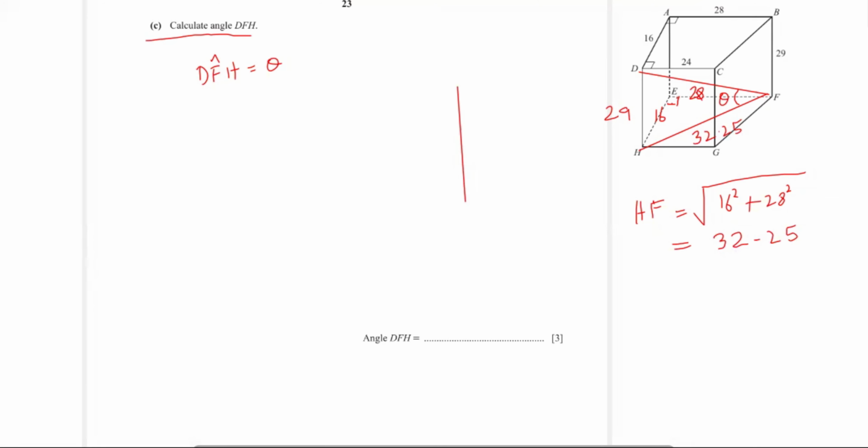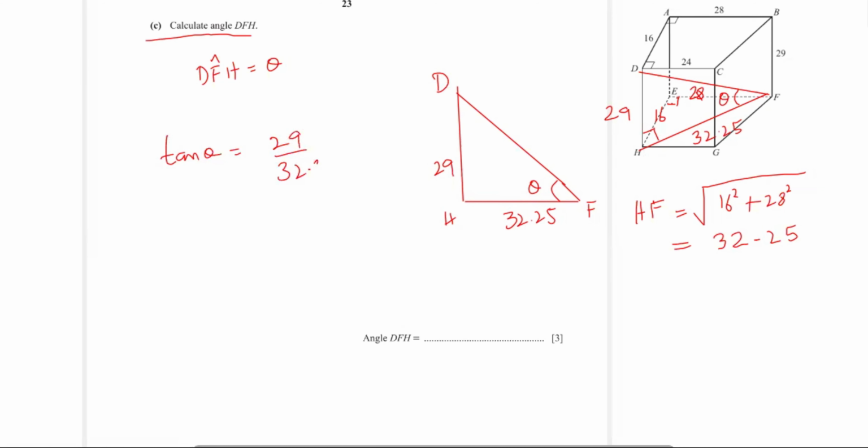This is the right angle triangle DHF. This is H, this is D, and this is F. This length is 32.25, and this length is 29, and we have to find this angle theta. Now tan theta will be equal to 29 over 32.25.